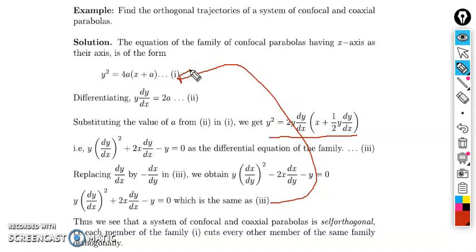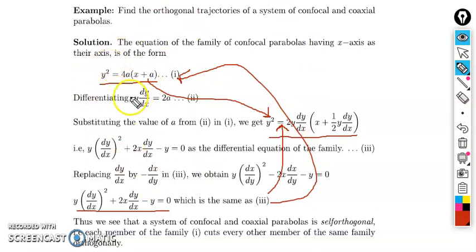Since 1 and 3 are the same, when we solve this differential equation, the result should be the same as the previous one, because the differential equation of the given curve is the same as the differential equation of the orthogonal trajectory.